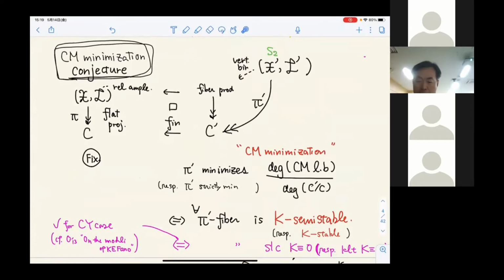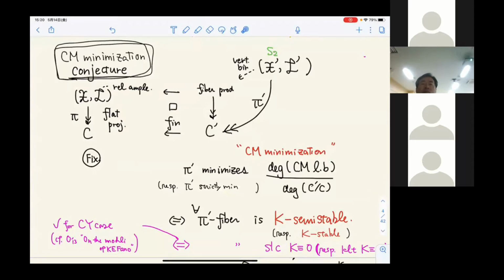In general, I expect that if you consider a polarized family and suppose some closed fiber is K-unstable, while the other general fibers are K-stable, so K-stable ones degenerate to K-unstable, then we want to replace that closed fiber by a K-semi-stable one.